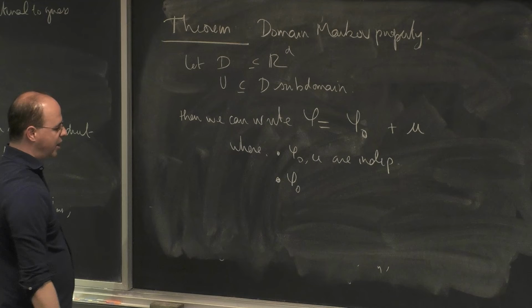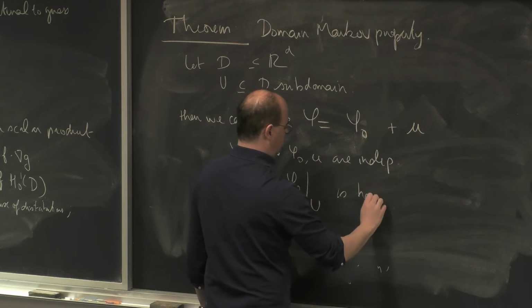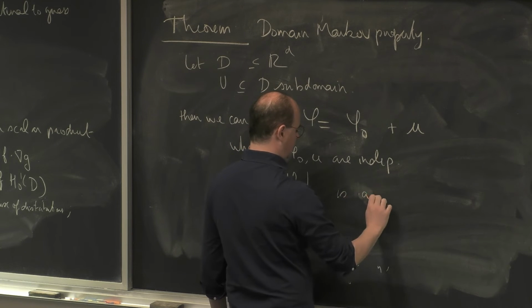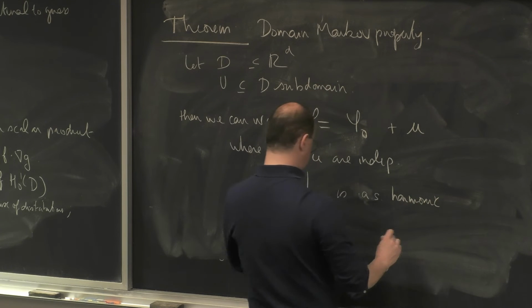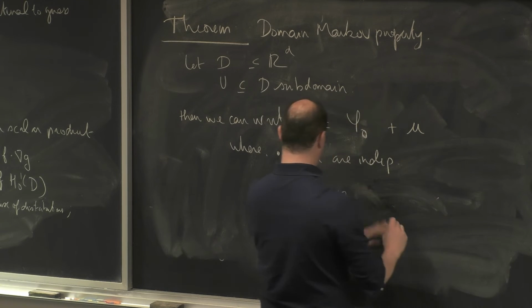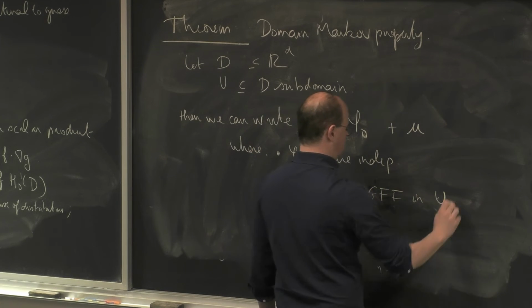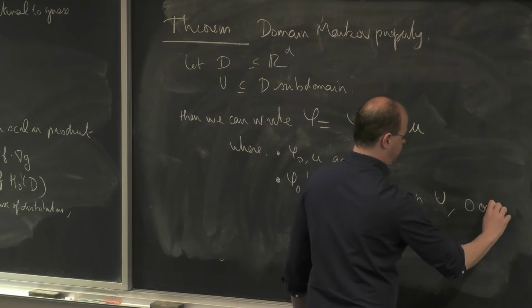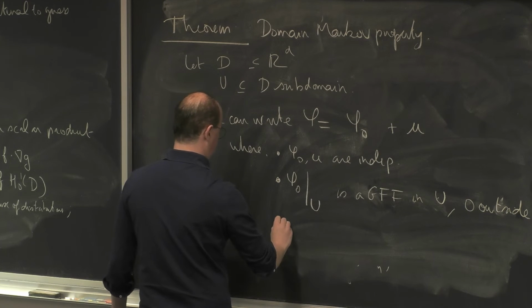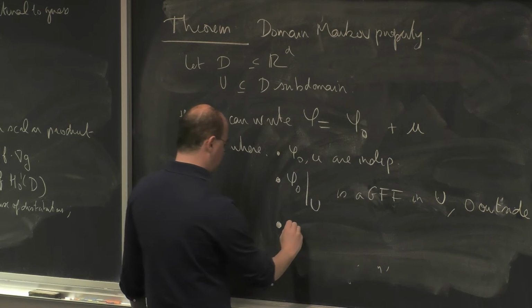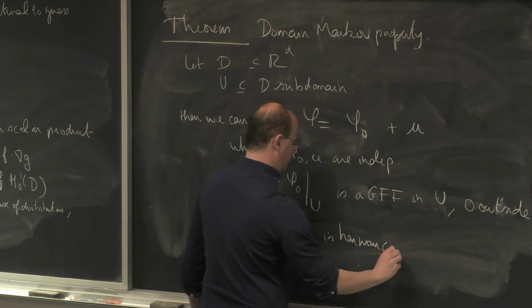Phi 0, when I restrict it to the subdomain U, will just be a Gaussian free field in U and 0 outside. And u is the one that's actually harmonic in U.